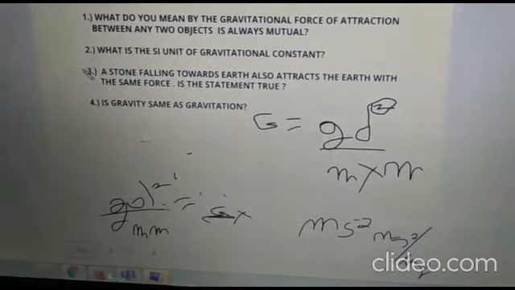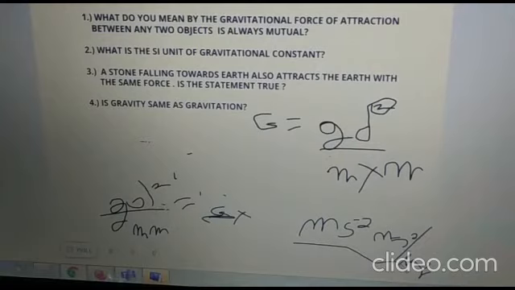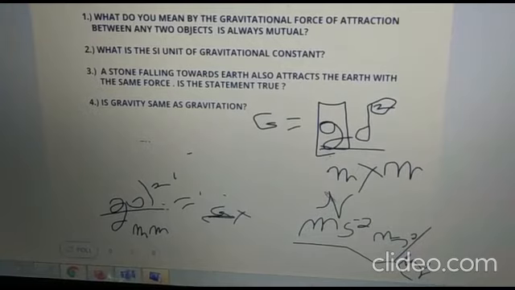So this is the unit of gravitational constant. And one more thing: the answer of the second question, we found it as meter per second square, into meter square divided by kg square. Now the small g is the gravitation, so this is the gravitational force. So we can also say it as newtons. Newton meter square divided by kg square.